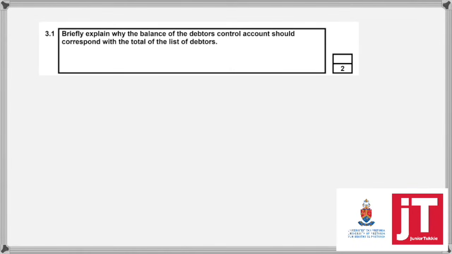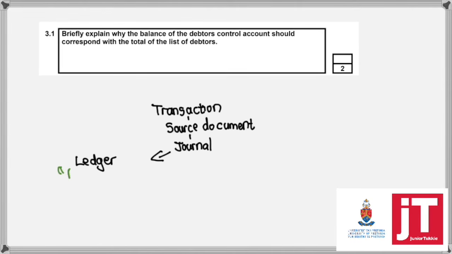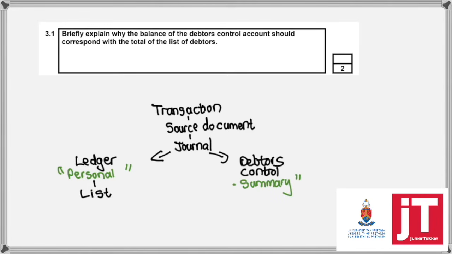So the first question, briefly explain why the balance of the debtors control account should correspond with the total of the list of debtors. So if I go back to what you've learned since grade 9, when we have a transaction, we issue or we complete a source document. From the source document, we complete the journals. Now, very important, from the journals, we take all the transactions to their individual account, which is called the ledger.